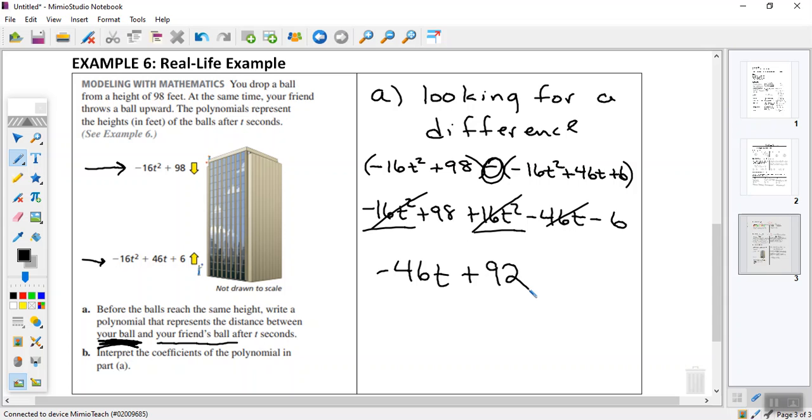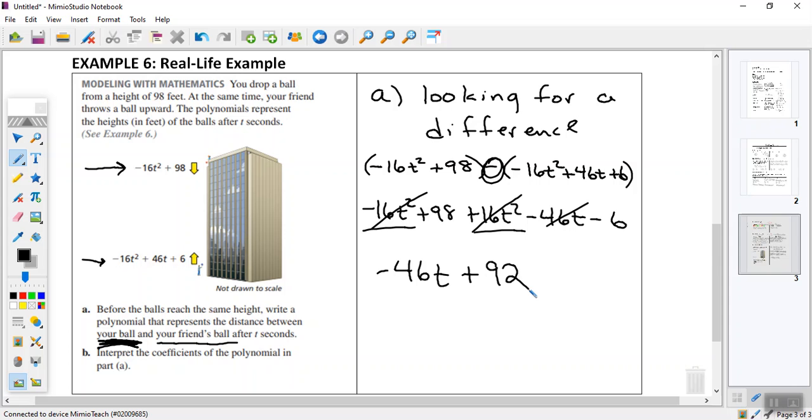It means that after every second, that distance is going to change by, what's the coefficient out there? It means after every second, that distance is going to go down. That distance which they're apart to begin with is going to go down by 46 feet. Okay? Anybody want to guess how far apart you are right at the beginning? 92 feet.